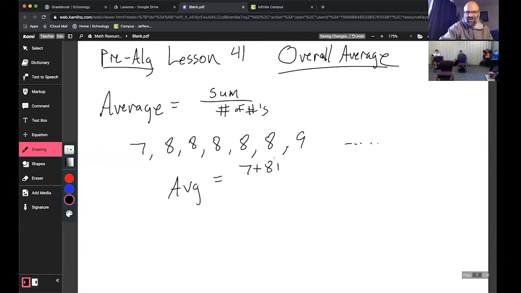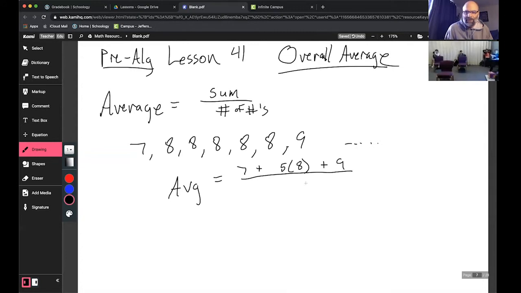I'm going to do a little bit of a shortcut here so I don't have to write everything. So if I just say 1 7 plus 5 8s, 5 times 8, do you see what I did there? Plus 9, because that's really what multiplication is. You're just adding the same number 5 times.